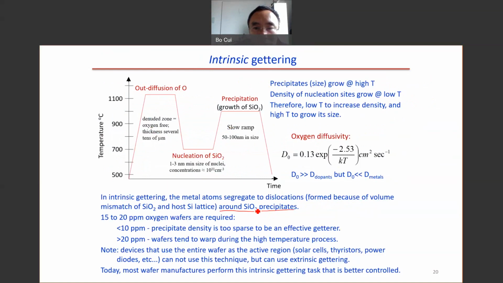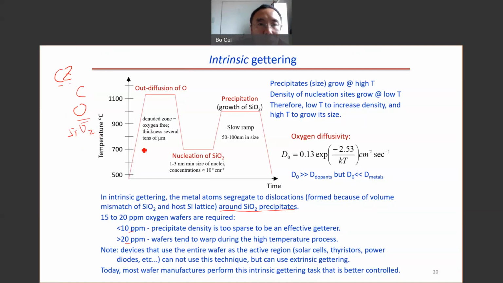We know for the silicon, from chapter 3, CZ silicon, we have a lot of carbon coming from the graphite heater. We have a lot of oxygen coming from the oxide container of the silicon. So this oxygen here we wanted it to be 15 to 20 parts per million oxygen in the silicon wafer.